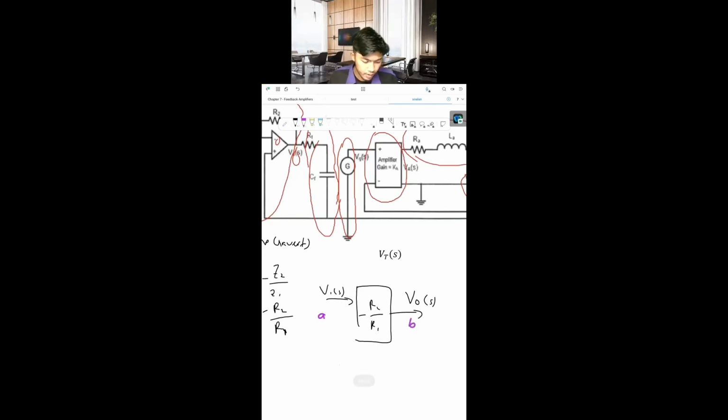Okay, now we continue with field circuit, which is IF over V out.